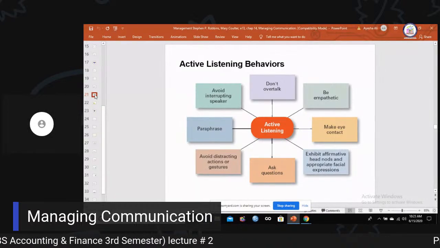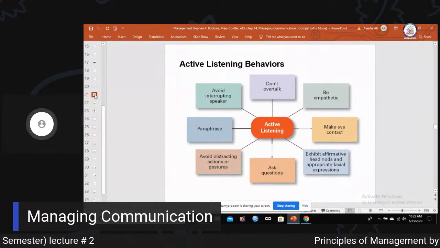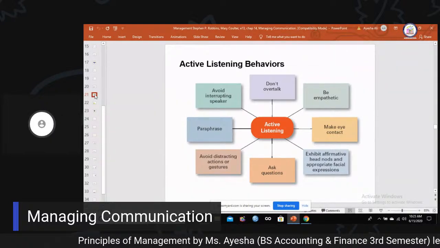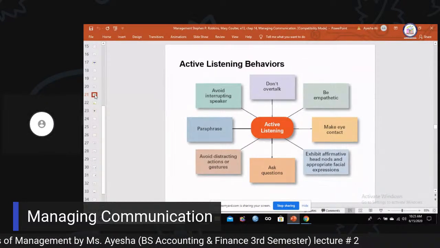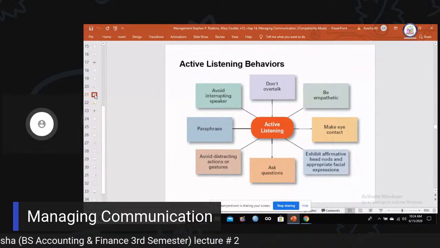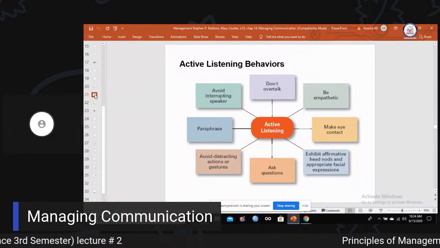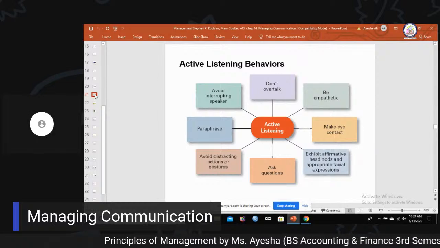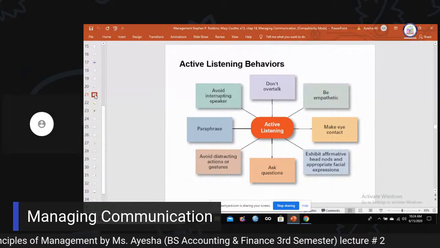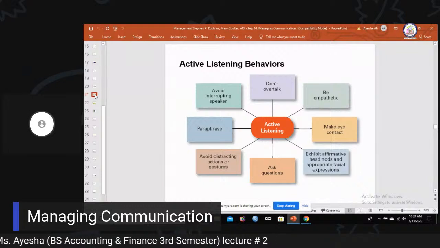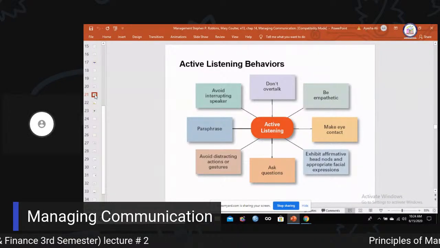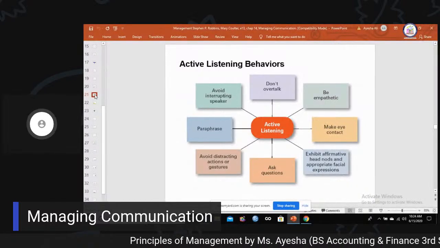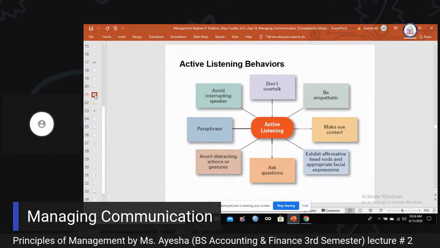Be empathetic. Being empathetic means we put ourselves in the situation of the sender, so we can feel what he or she actually feels about the message. Make eye contact. In this way, we create closeness, we are attached, we are more attentive, so we get the message more accurately.